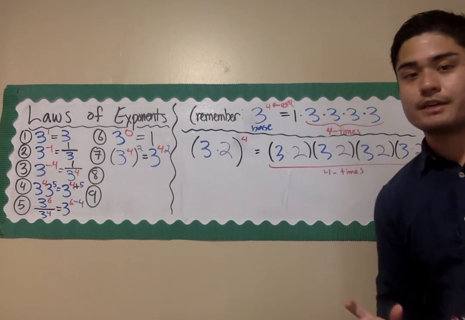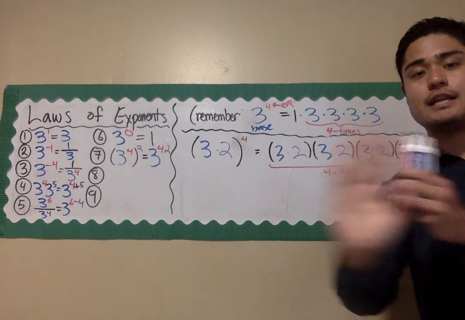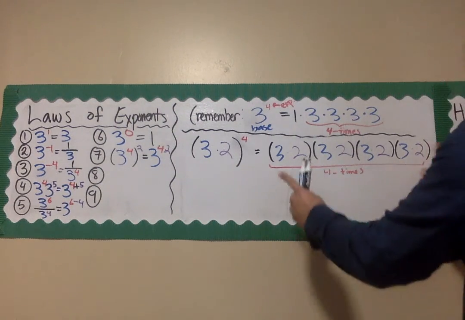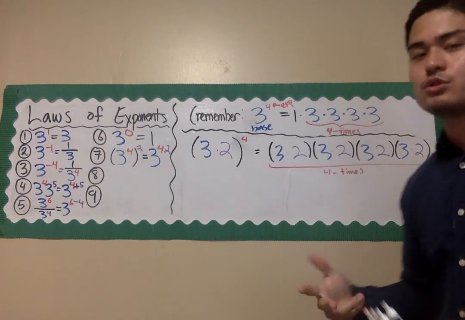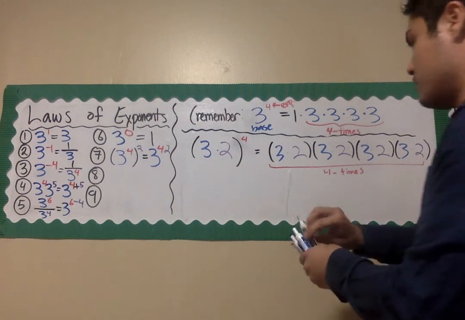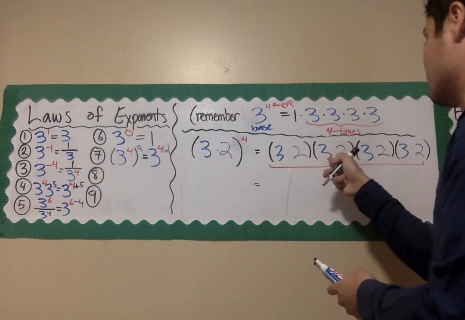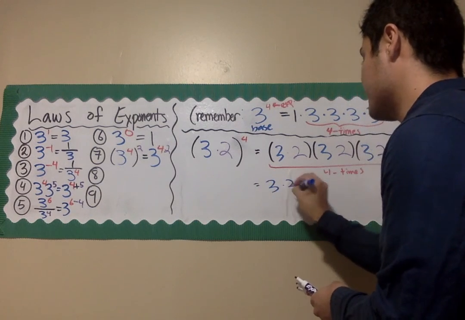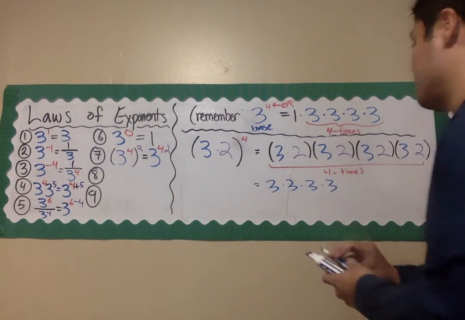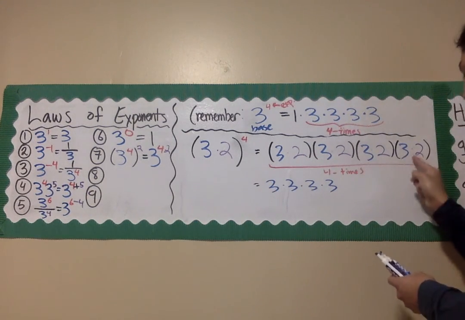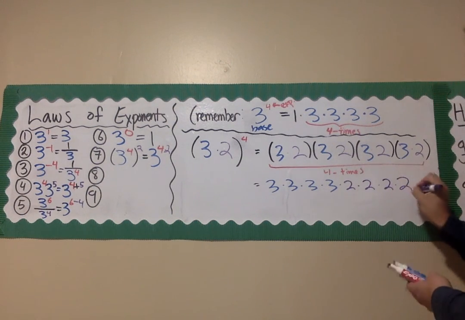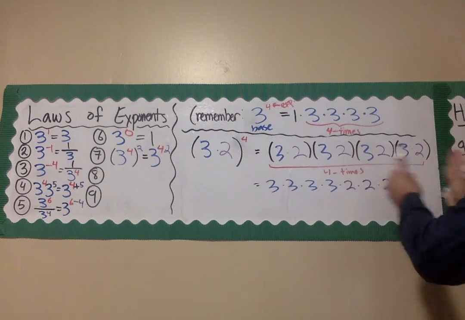Multiplication is commutative. Commutative means I can rearrange in any order and it's going to be the same answer. So I'm going to rearrange all the 3's and 2's so they're next to each other. So 3, there I see 1, 2, 3, 4 3's. I'm going to put them to the left, 3 times 3 times 3 times 3. I see 1, 2, another 2, another 2, another 2. I'm going to do the same thing here, 2 times 2 times 2 times 2. I just move all the 3's to the left, all the 2's to the right.